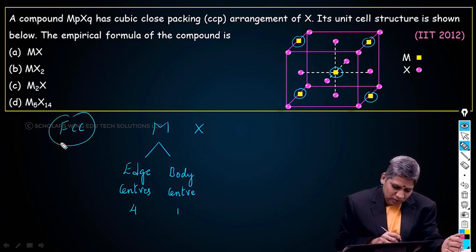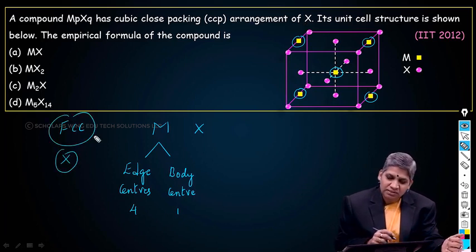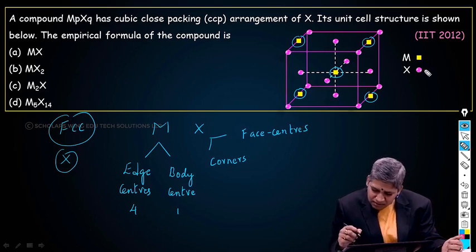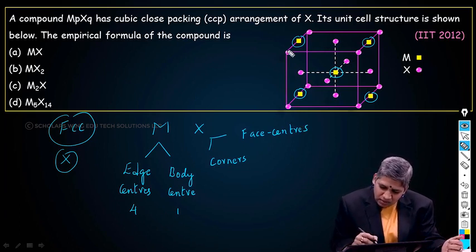And FCC means X should be present at corners and face centers, right? Look here. These pink circles or spheres are all corners 1, 2, 3, 4, 5, 6, 7, 8. And face centers, look here 1, 2, 3, 4, 5, 6.